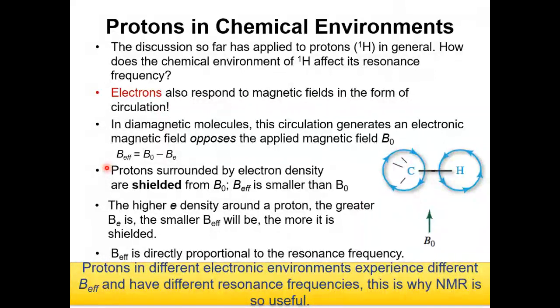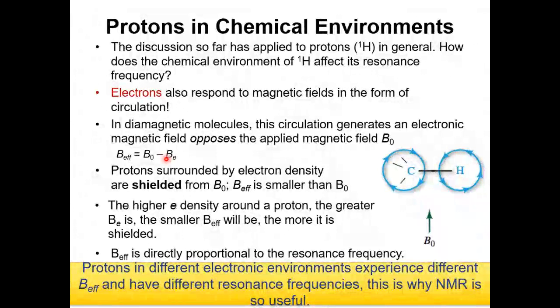See, if the electron density around a proton is higher, okay? So if electron density is higher, this one will become what? If electron density around a proton is higher, that means the circulation of electrons under the influence of magnetic field will produce a weaker or stronger BE?